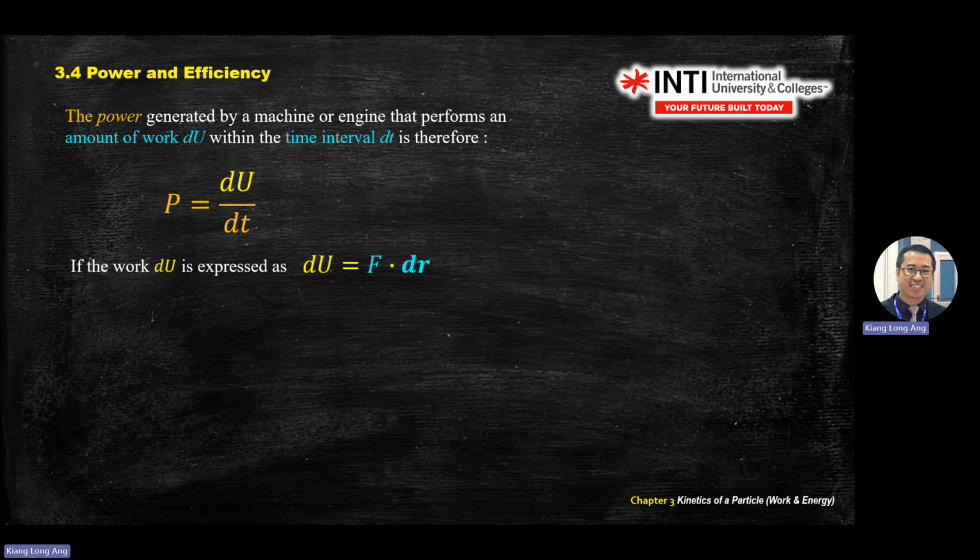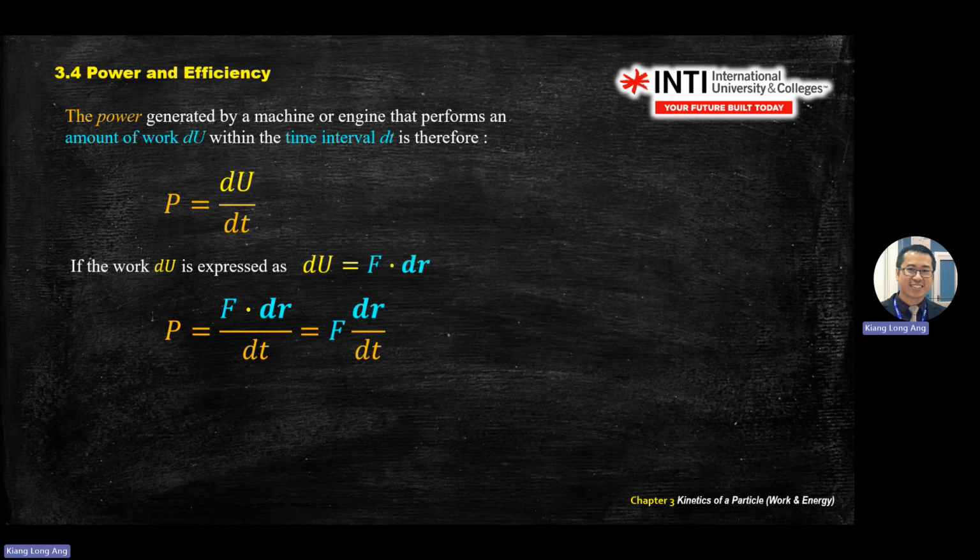Okay. So you know that work is force multiplied by distance, and both must be in a parallel direction. Right? So dU equals F dot dr. You put it inside there, P equals dU/dt. You substitute your dU as F dot dr over dt. You pull your F out, because normally force will be constant.